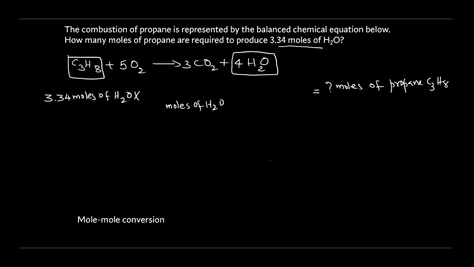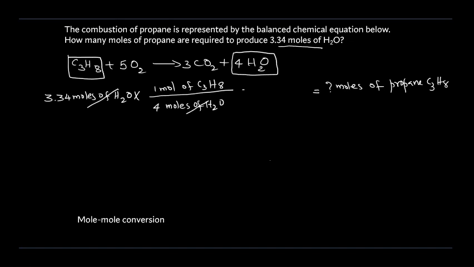And I will look at the equation to see how many moles of water. I have 4 moles of water for each 1 mole of propane. Right? So now I can cancel moles of water and moles of water, and I have moles of propane in the numerator. That's what we want as per the question.